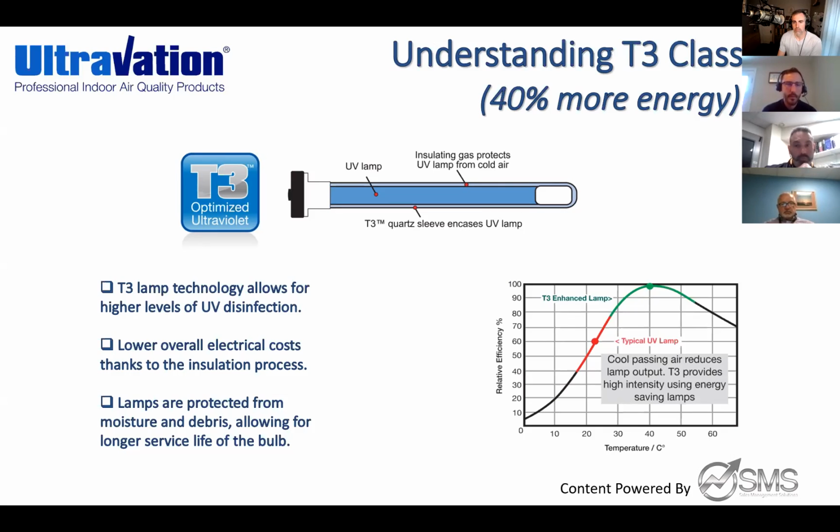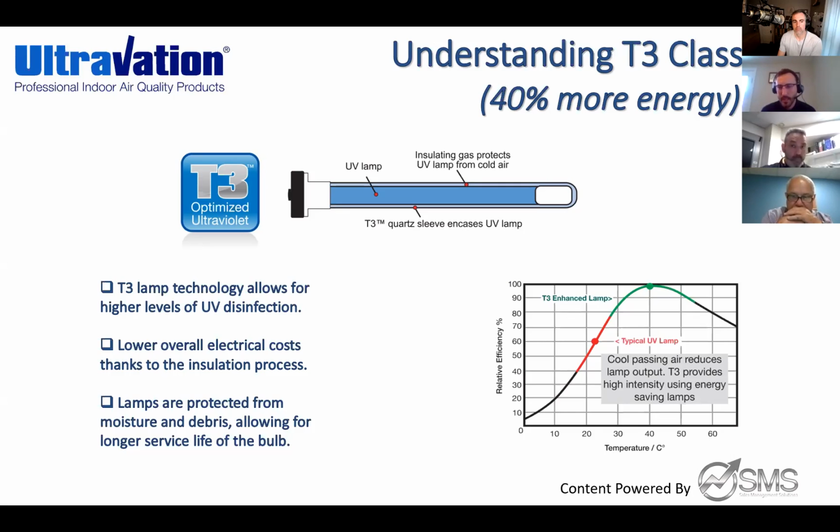It is a technology that allows for higher levels of UV disinfection and a lower overall electrical cost, and lamps are protected from moisture and debris, allowing for a longer service life of the bulb.